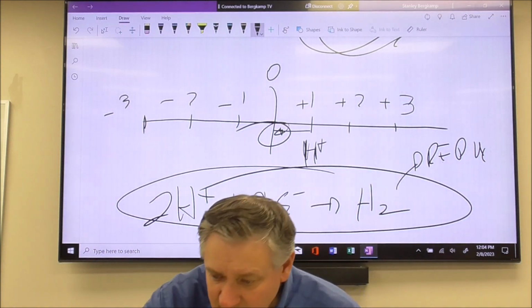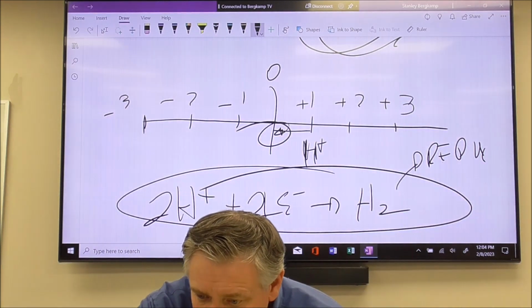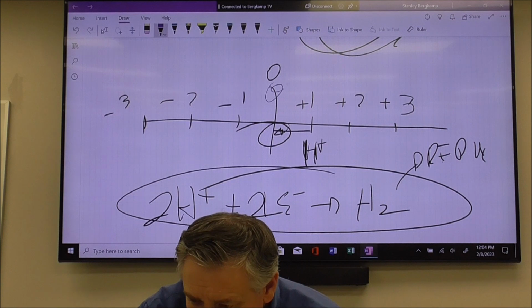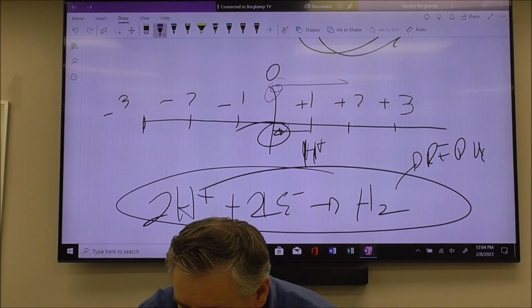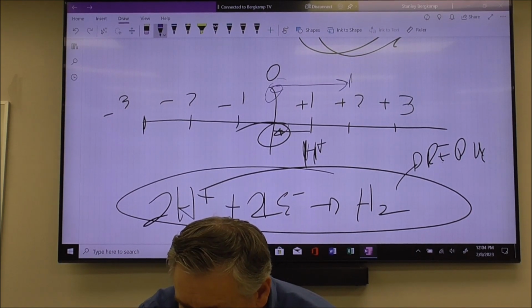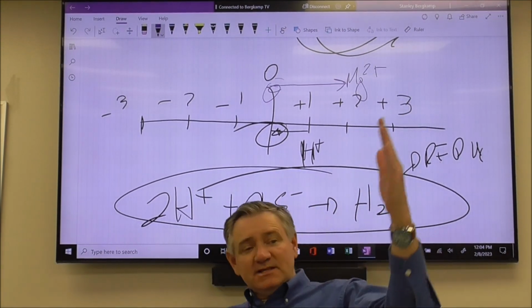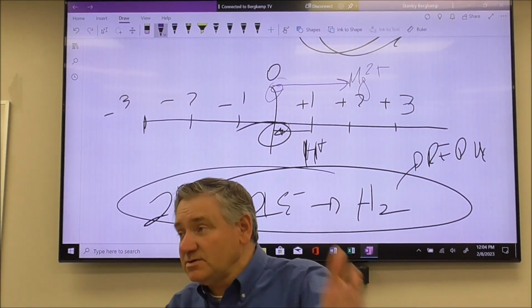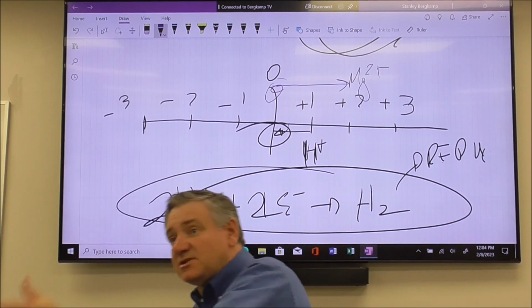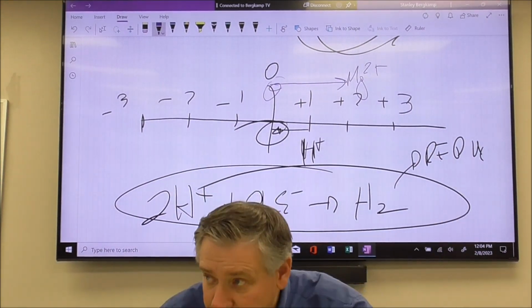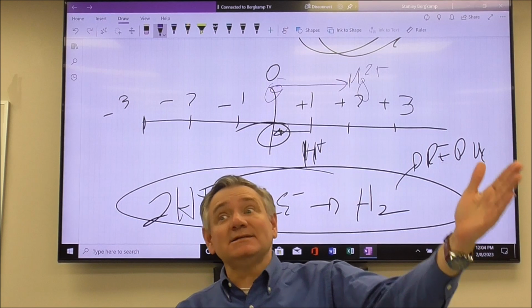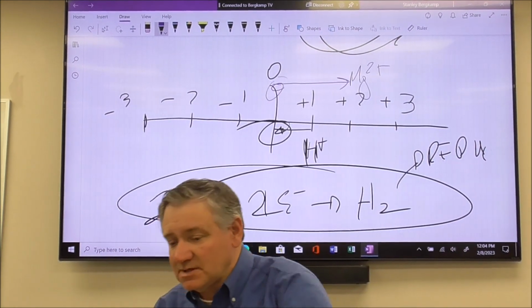The magnesium started at 0, and it ended up at 2+. So the magnesium went from an oxidation state of 0 to an oxidation state of +2. So therefore, it was oxidized because it lost electrons.